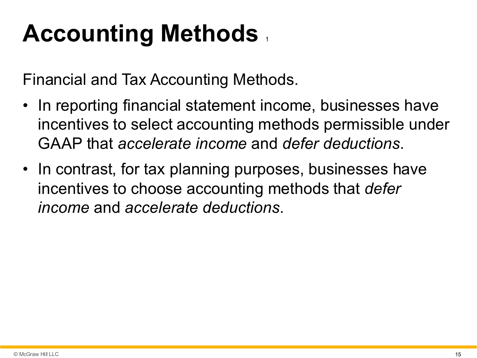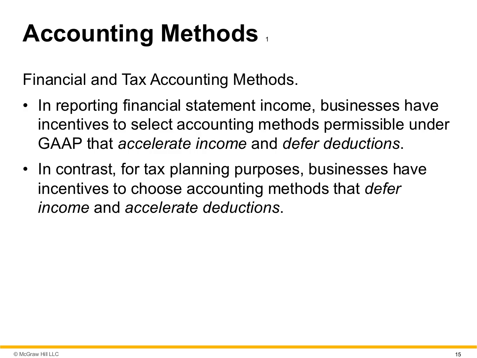And the way that we would do that on the GAAP side is we would want to accelerate our income, so bring in more money now, and then defer deductions. So we'd want to pay for things as late as we possibly can without incurring penalties and whatnot.